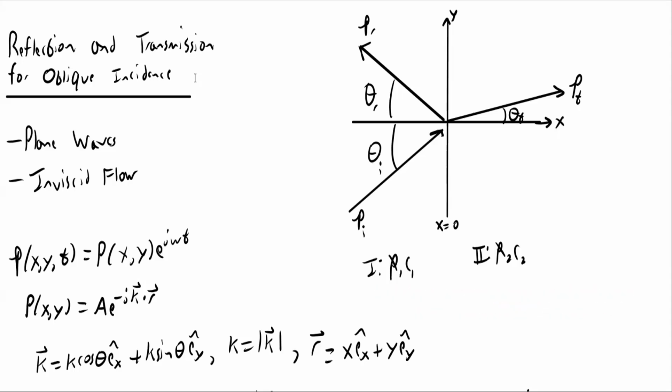Otherwise, if this weren't the case, the interface, which we've assumed to be massless here, would experience an infinite acceleration, which is unphysical. The second boundary condition, which might be a little less obvious, is a continuity of normal particle velocity across the interface.